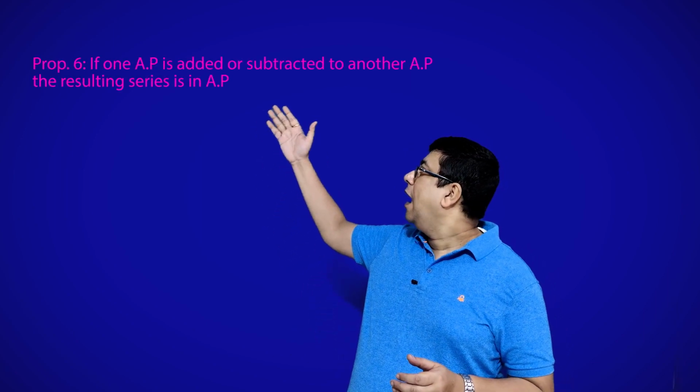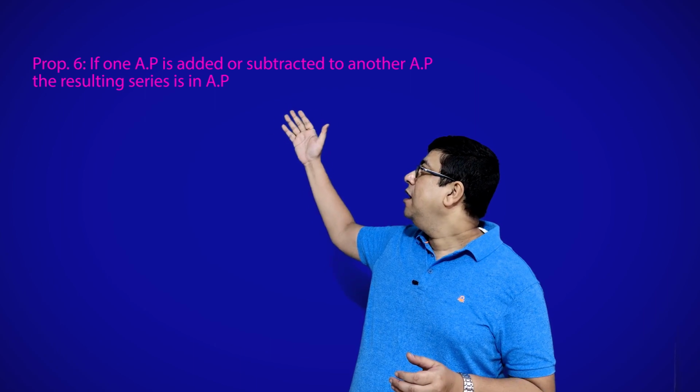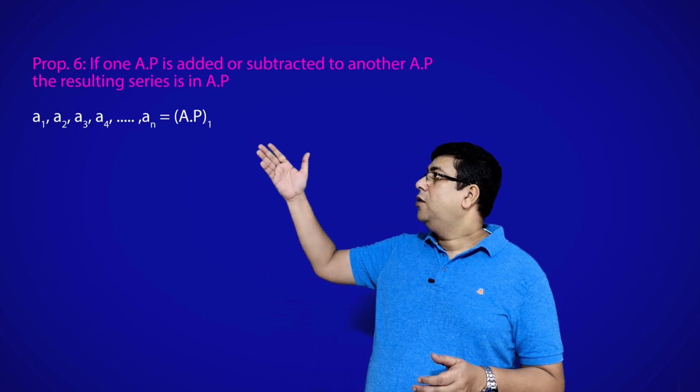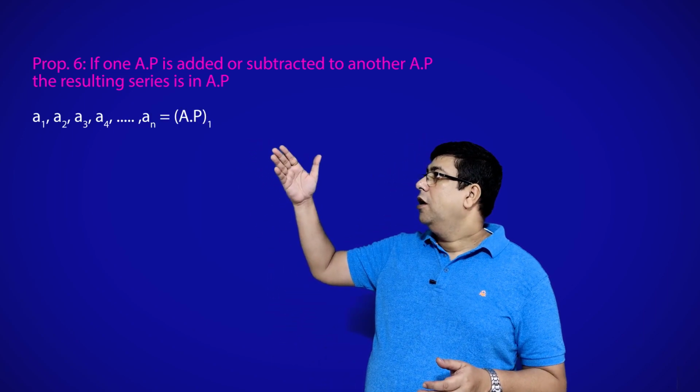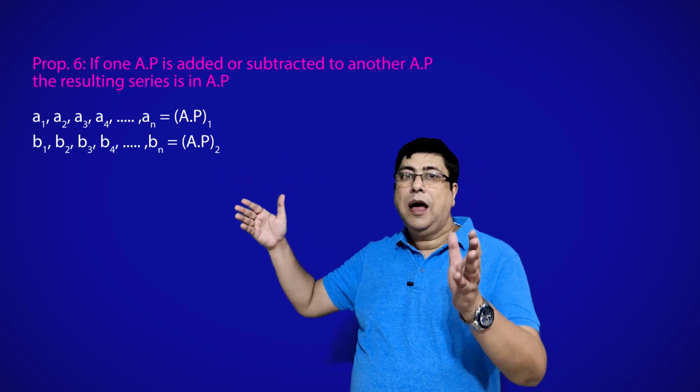Now everybody, I'll discuss property number 6. Just see what it is telling. If one AP is added to or subtracted from another AP, the resulting series is in AP. Suppose A1, A2, A3, A4 is in AP and B1, B2, B3, B4 is another AP.